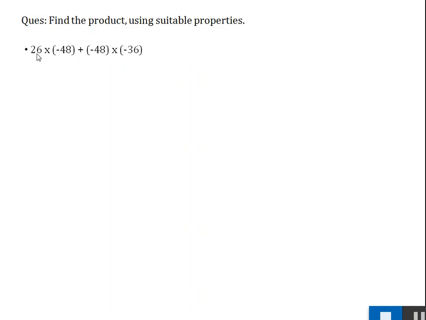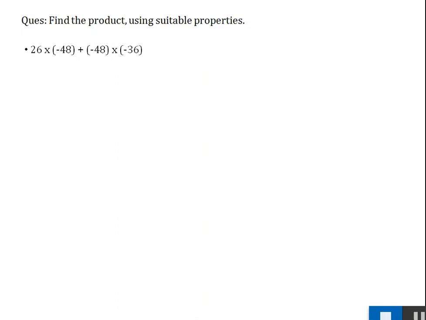Here the first question is 26 into negative 48 plus negative 48 into negative 36. Here this addition sign divides this expression into two terms. This is the first term and this is the second term. Okay, what is common in the first and the second terms?